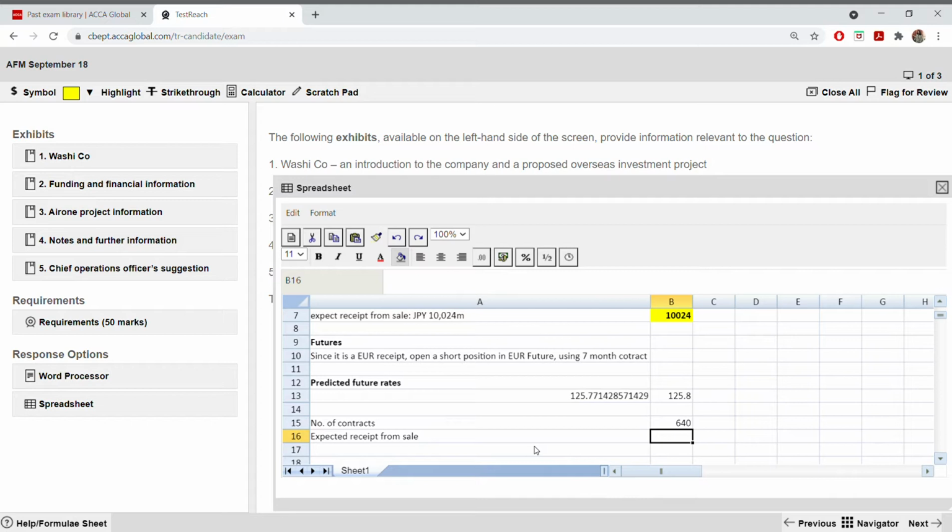It will be equal to the contract size, 125,000, multiplied by the number of contracts, 640, into the rate, 125.8. Just now we took the closing future price 125.8.